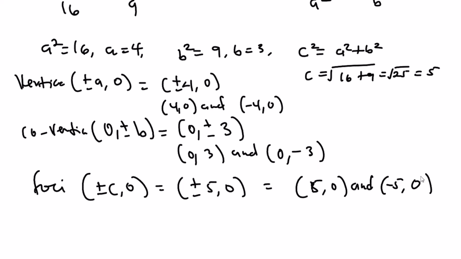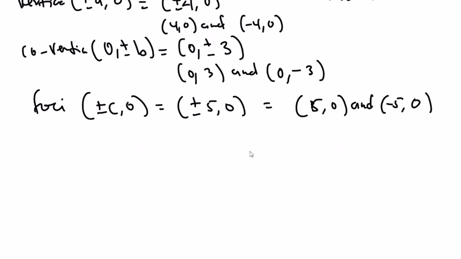Okay, so that is that. Now the eccentricity, which is represented by e, is equal to c on a. And our c is 5 and our a is 4. So that's the eccentricity here.